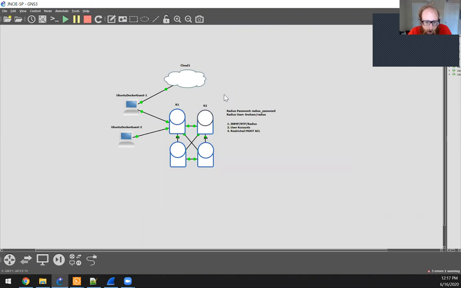But I think our backbone area, I'd like to make these the backbone area. So let's make router 2, router 3, router 4 a part of the backbone area, but then let's make router 1 be in its own area and take a look at what a mismatch we'll see by doing that.